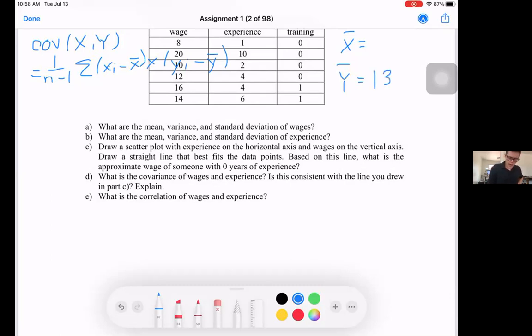Is that what you guys had yesterday? Yes, something like that. So we're going to have Y be our wage. And then my average X was something like 4.5. You get something like 4.5? Yes, 4.5, awesome. So this is a little bit harder than the ones we did before, but not much harder. It's just that we have 6 data points instead of 4 or instead of 2.